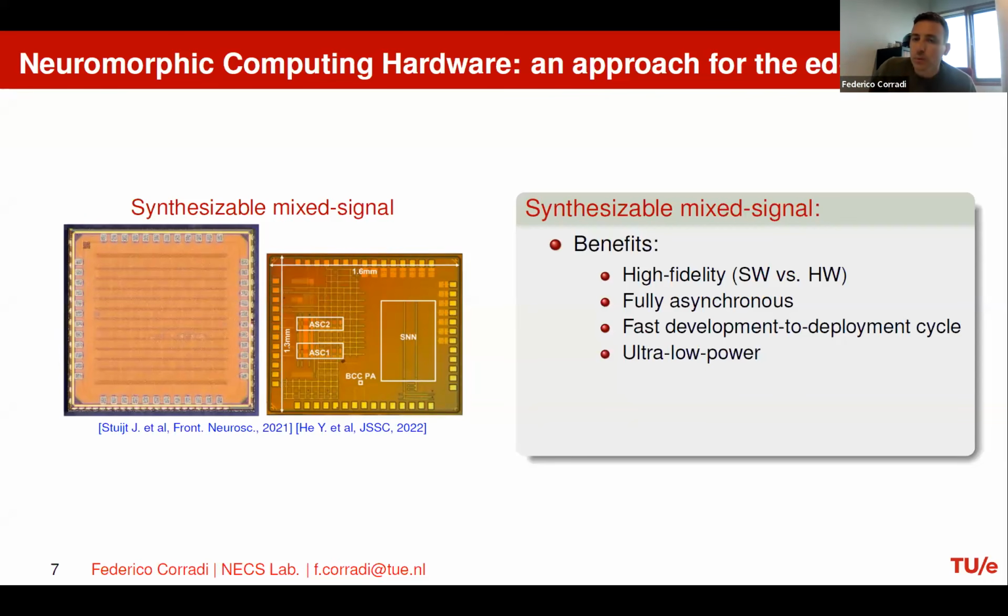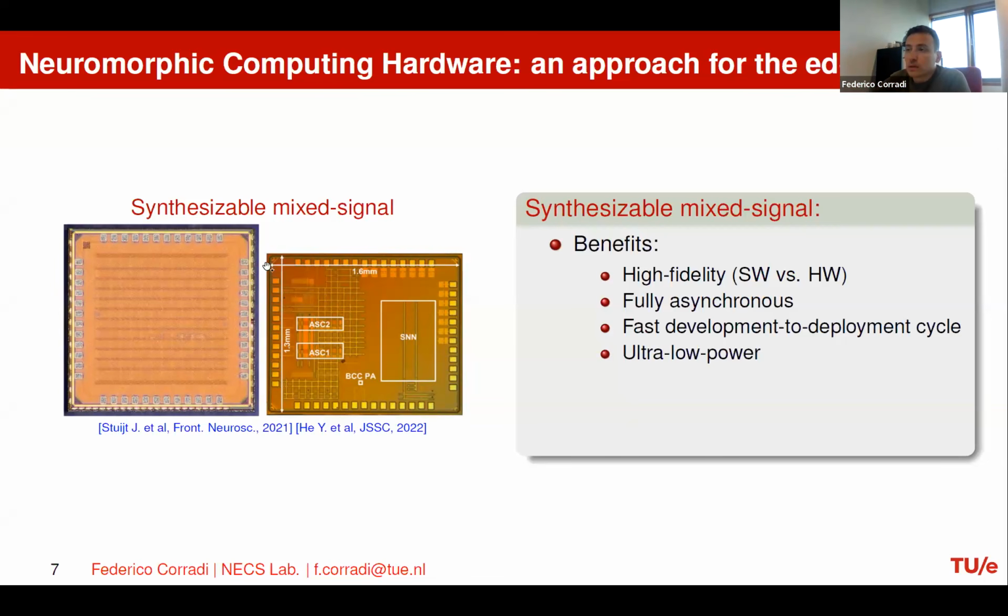By doing so, we benefit because we still have high fidelity between software and hardware, since in the end we still use a digital flow, but we are able to achieve fully asynchronous systems. And we still have a fast development to deployment cycle, meaning that because we use silicon compilers, we can enable the creation of chips just by changing parts of the code.